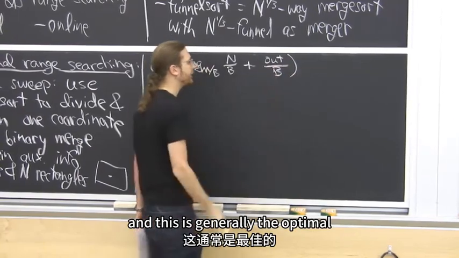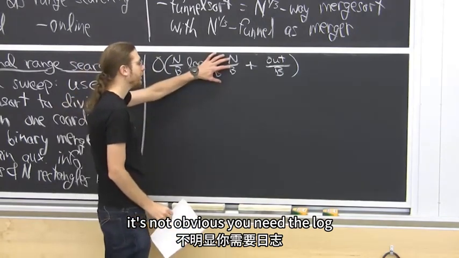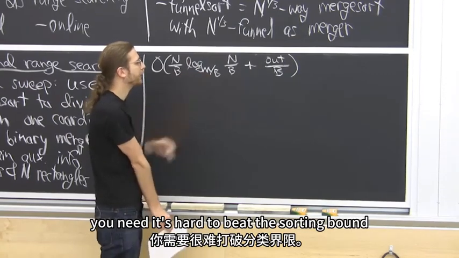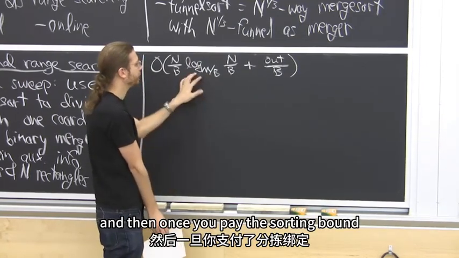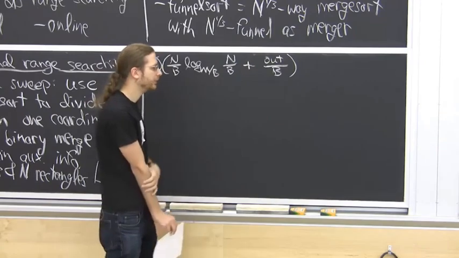And this is generally the optimal bound you could hope for. It's not obvious you need the log, but I think for most problems in external memory you need this log. It's hard to beat the sorting bound. And then once you pay the sorting bound, this is the optimal linear time to just write down the output.